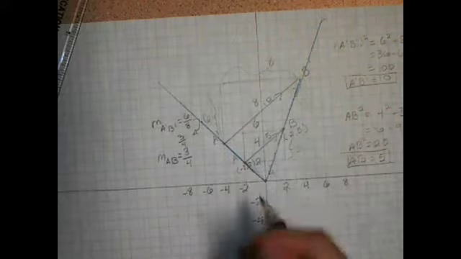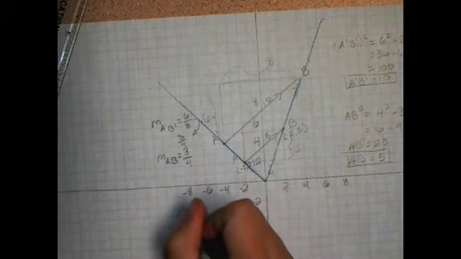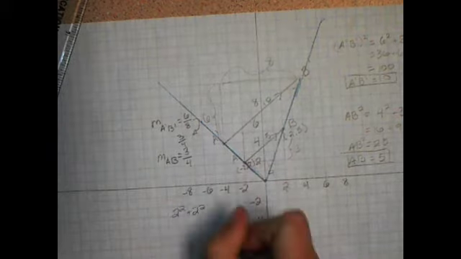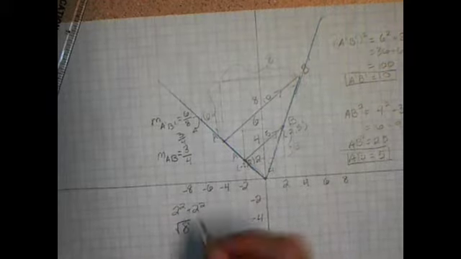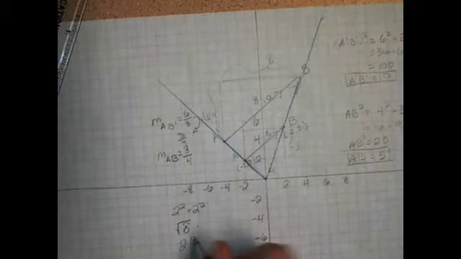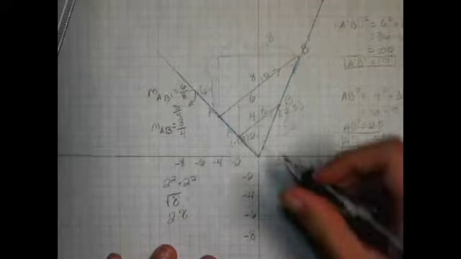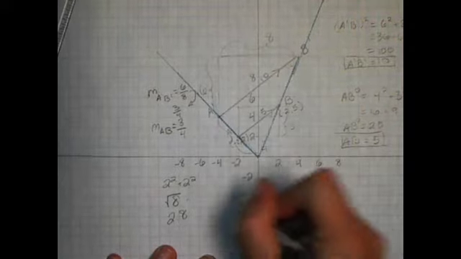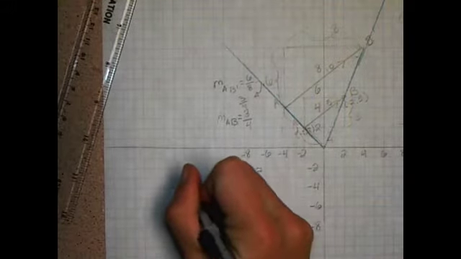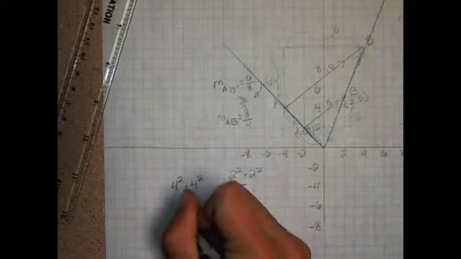which would come from taking 2 squared plus 2 squared and finding the square root. I could find this distance as well by taking the square root of 4 squared plus 4 squared.